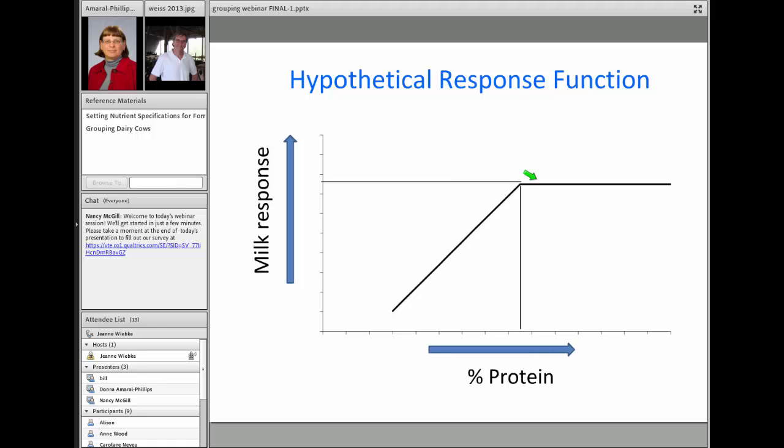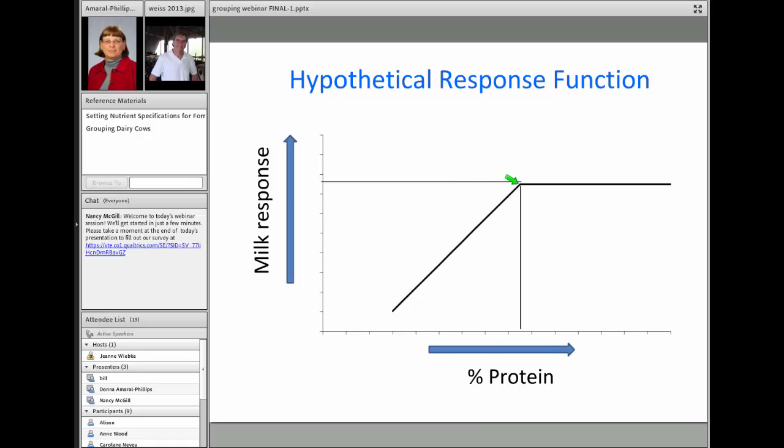It never looks this good in the real world. If I have a cow at 500 days in milk, I can feed her all the protein in the world and she's not going to produce any more milk. Physiology is limiting production. So the nutrient will continue to increase production until a given point.